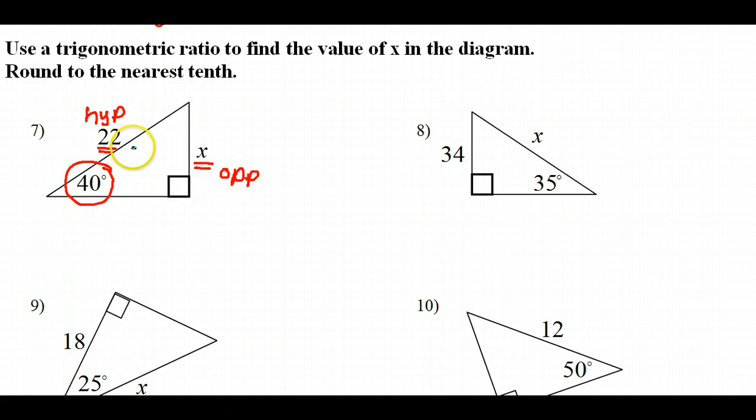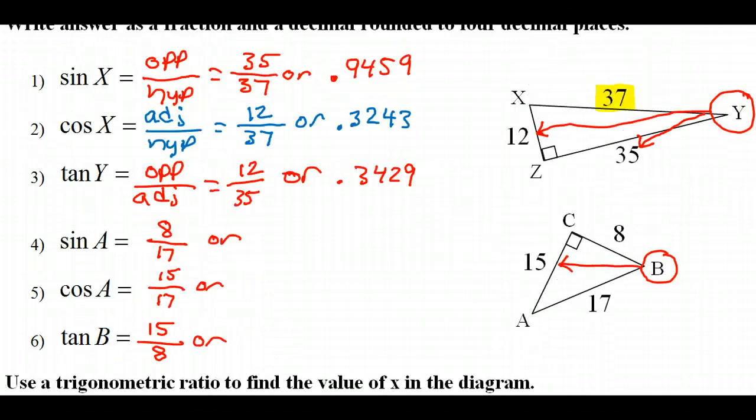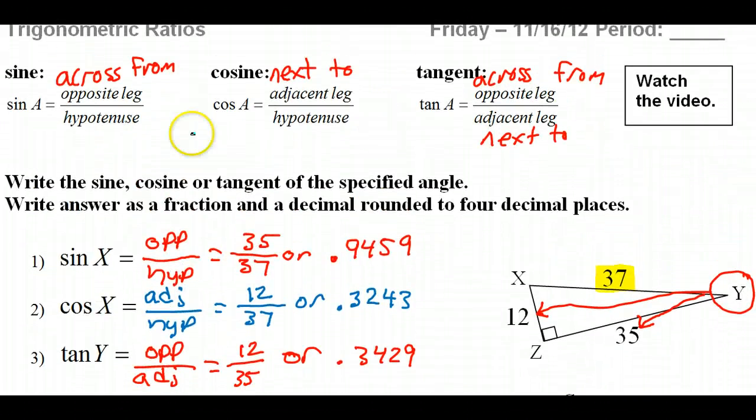Look back at your functions, your formulas. Which one involves opposite leg and hypotenuse? Say sine. Don't say sin, say sine. If you look at those formulas, you see that it is the sine function that involves opposite and hypotenuse.